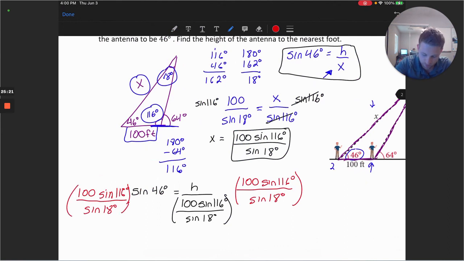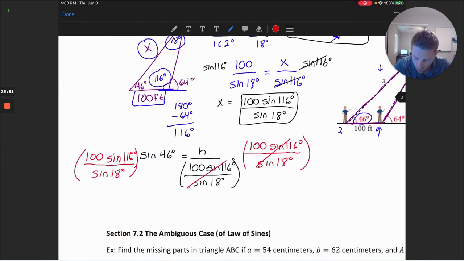And those will cancel, just the multiplication of that and that in the numerator. And if we put all this right side here into our calculator, we'll find the value for h.